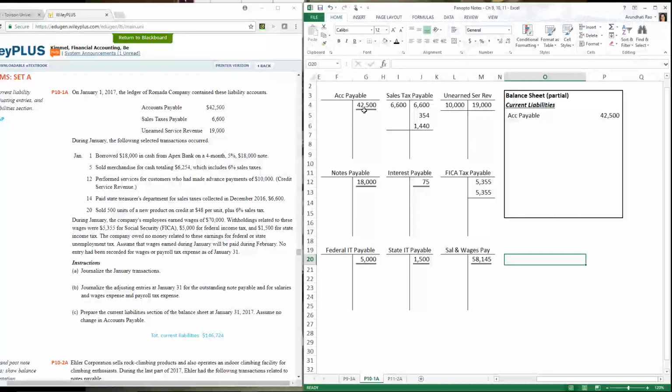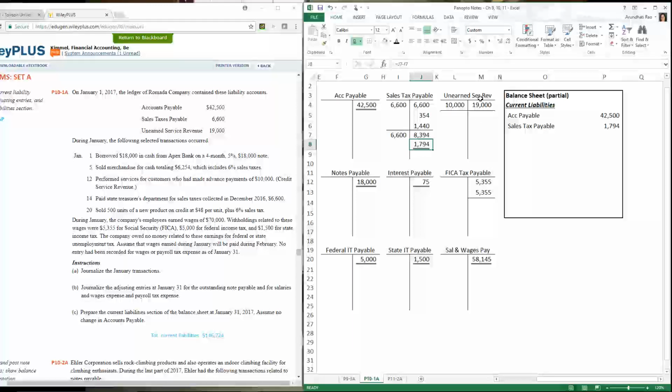I've put a double underline over here just to indicate that's a balance in the account. Sales tax payable, I had amounts on the debit and credit side. So the first thing I do is add up the debits, add up the credits, take the difference and put it on the side which is larger. And my sales tax payable is going to be $1794.